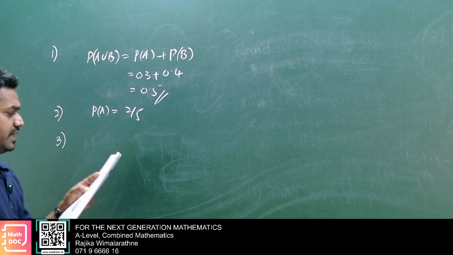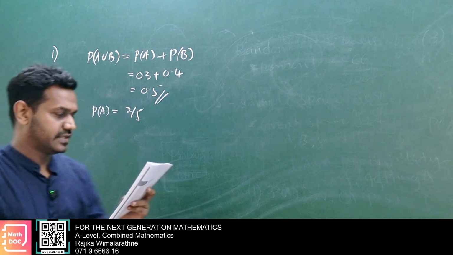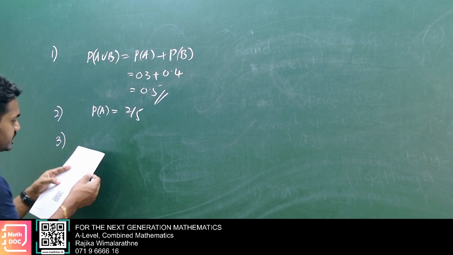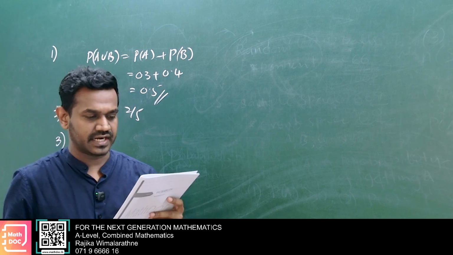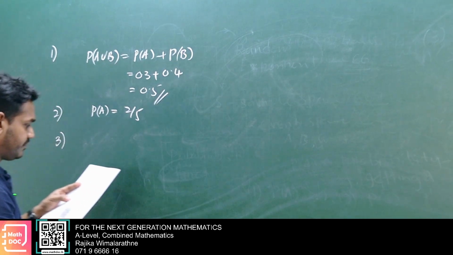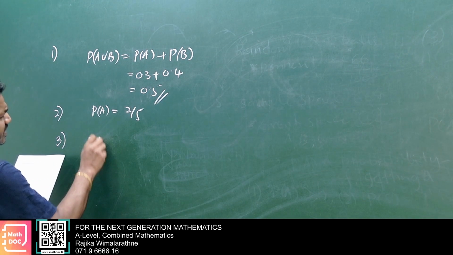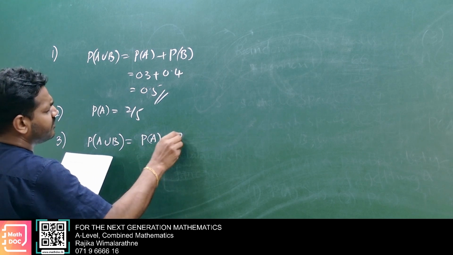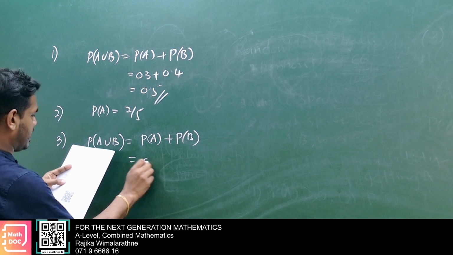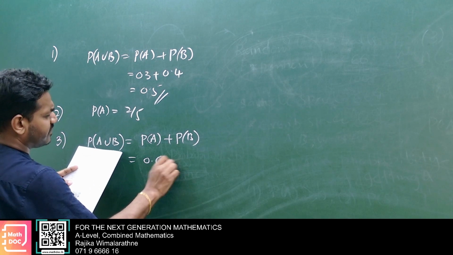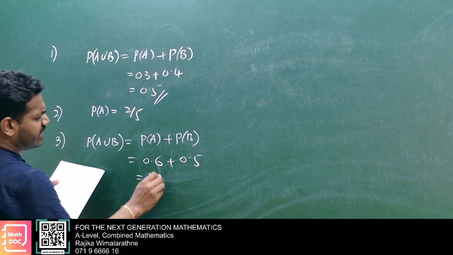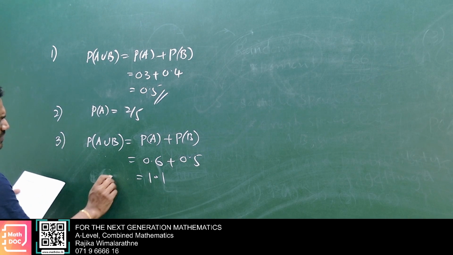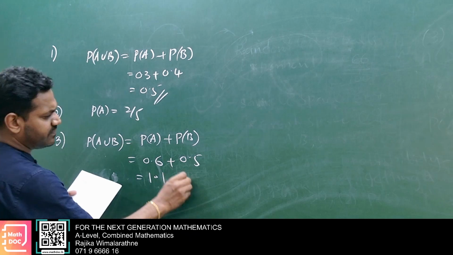Question 3: let A and B be two mutually exclusive events, P(A) 0.6, P(B) 0.5. Determine if this is possible under the axiomatic definition. P(A union B) equals P(A) plus P(B), so 0.6 plus 0.5 is 1.1. The maximum value of P(A union B) is 1, so this is impossible.